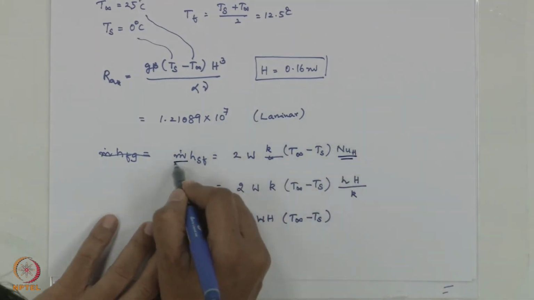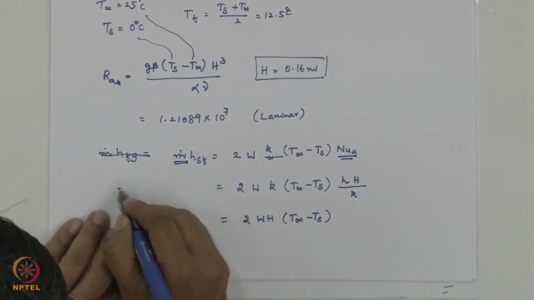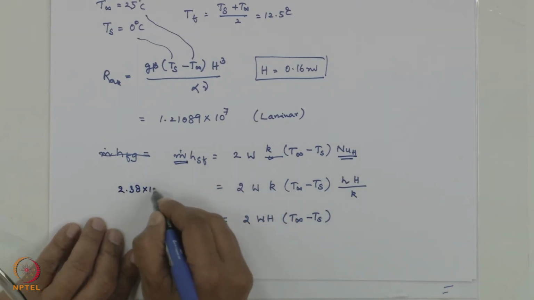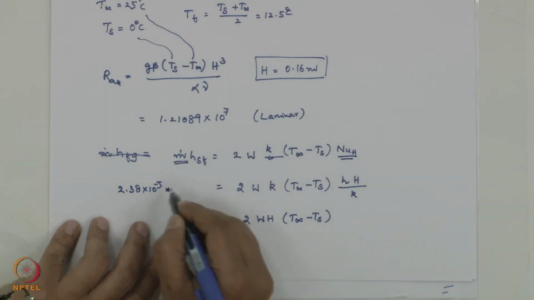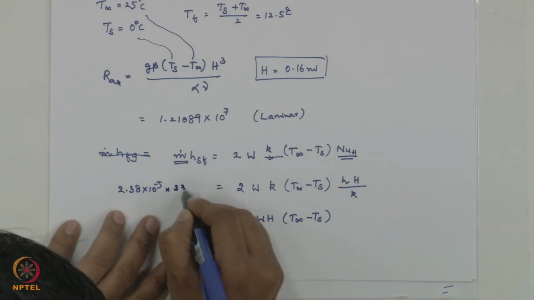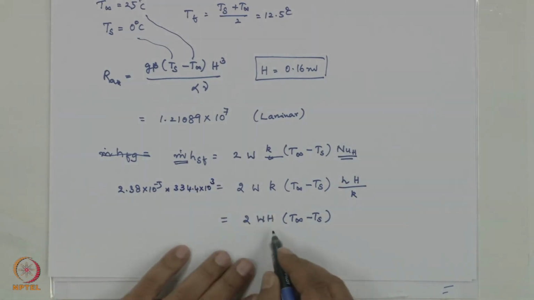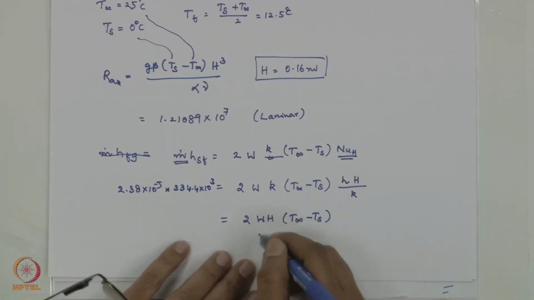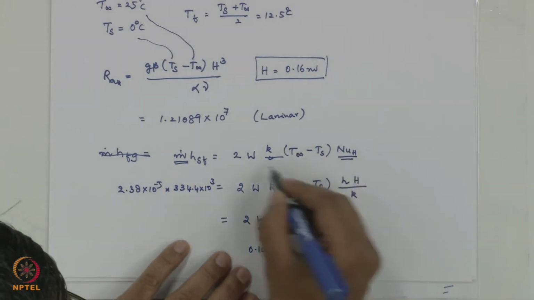I have measured this m dot, so I would substitute 2.38 into 10 to the power of minus 5, which is what I had gotten here in my slides. hsf is 334.4 into 10 to the power of 3, and width I know as 0.105. Height I don't need here.